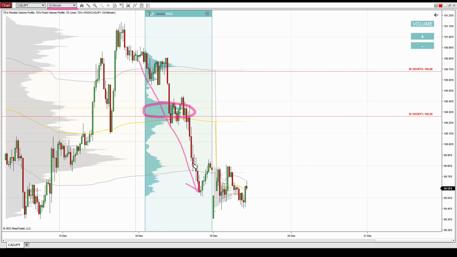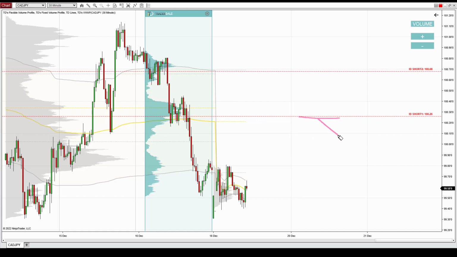Similarly as in the previous case, this is telling us that sellers were adding to their short positions here, and those sellers should become active again when the price hits this level. So when there's a pullback, it is likely that sellers from here will want to defend this heavy volume zone and push the price downwards from there again.